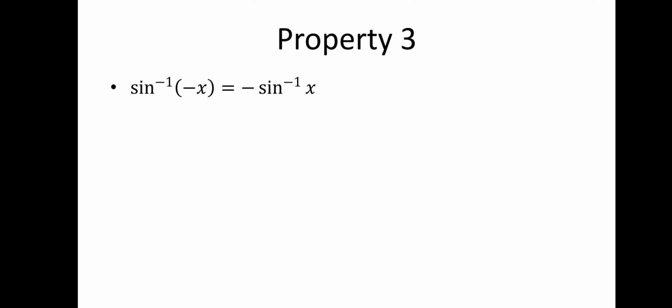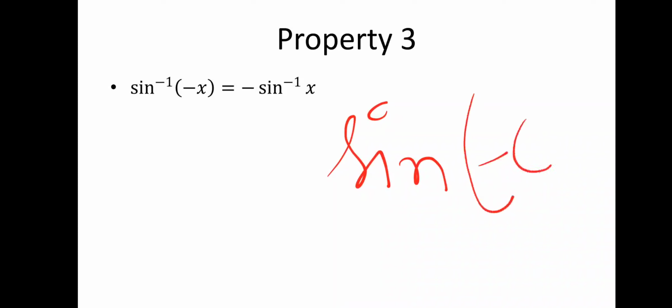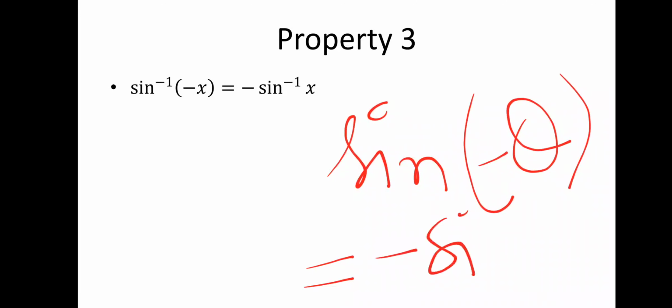So we already know this from our basic trigonometry: sine of minus theta is equal to minus sine theta. We already know that this happens. So similarly it is happening for sine inverse also. Sine inverse of minus x is minus sine inverse x. So as simple as that.